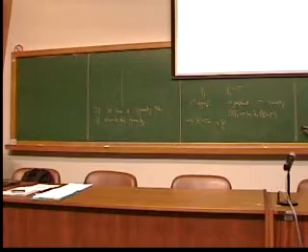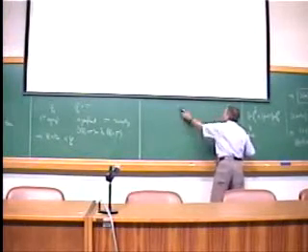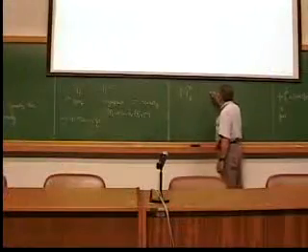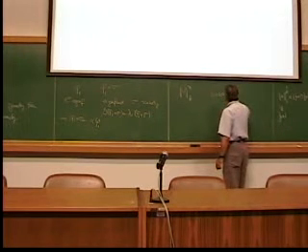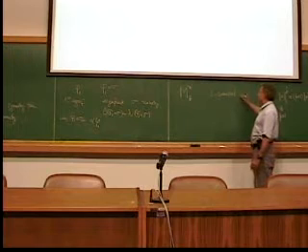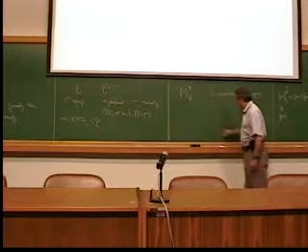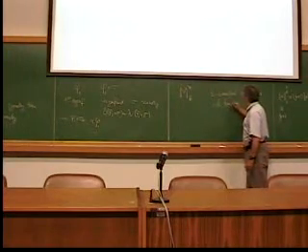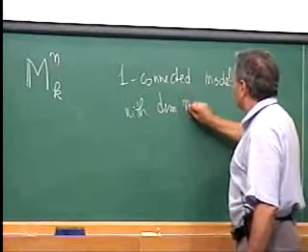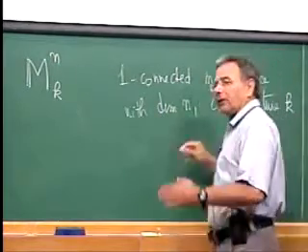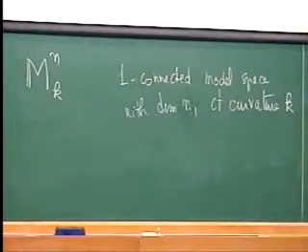So assume, let me denote by M_K the simply connected model space with dimension n and constant curvature K. So I think this is R^n, S^n, or H^n, depending essentially on the sign, if you normalize K to be -1, 0, +1.